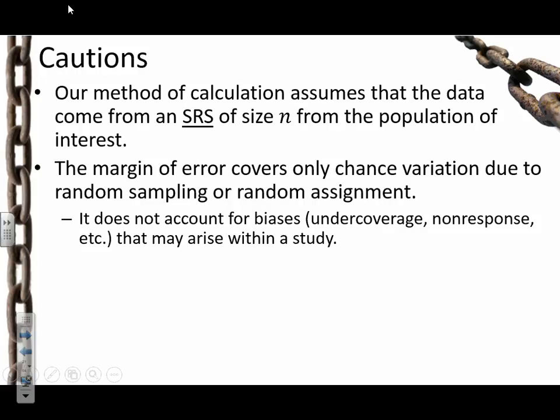It does not account for biases that result from undercoverage, non-response, or response biases. So if you have any of those biases in your collection, you are going to run into issues probably, because the margin of error can't account for those types of bias. Okay, so always be aware of that. That's it.